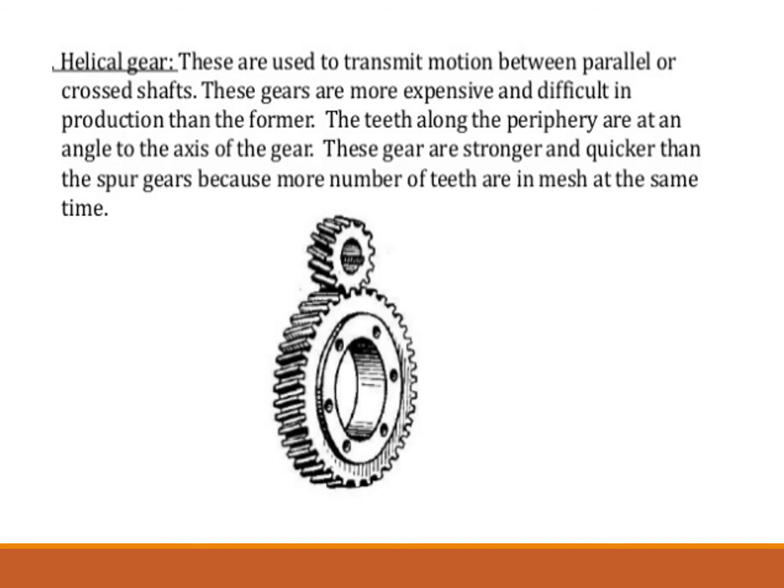Moreover, unlike spur gears, in helical gears several teeth of each gear are in contact at one time and thus the load is spread, resulting in greater strength than if only one tooth of each gear is in contact at a time, as in spur gears.